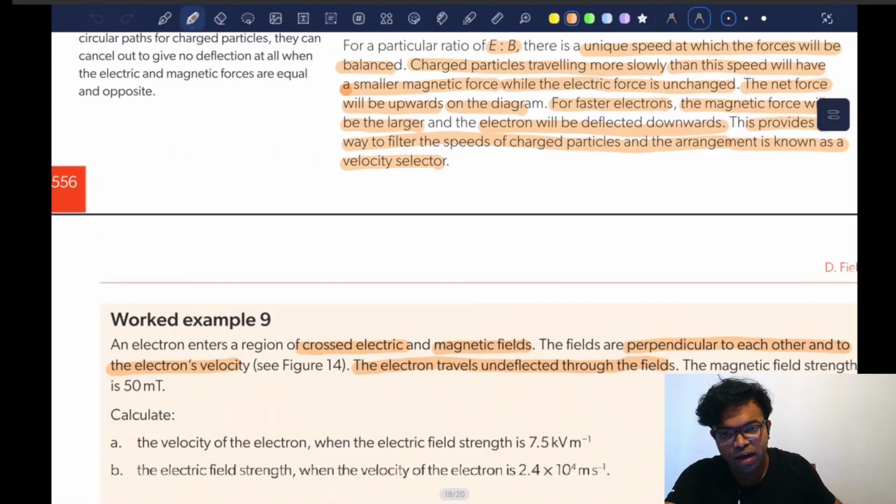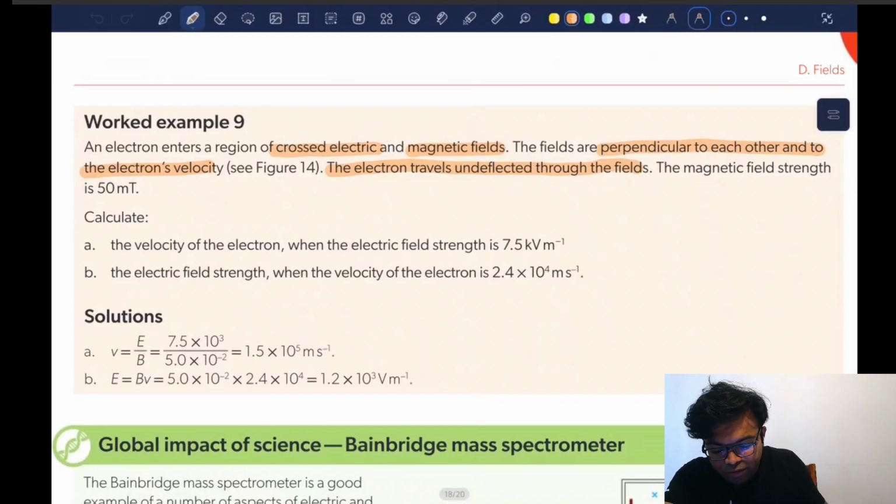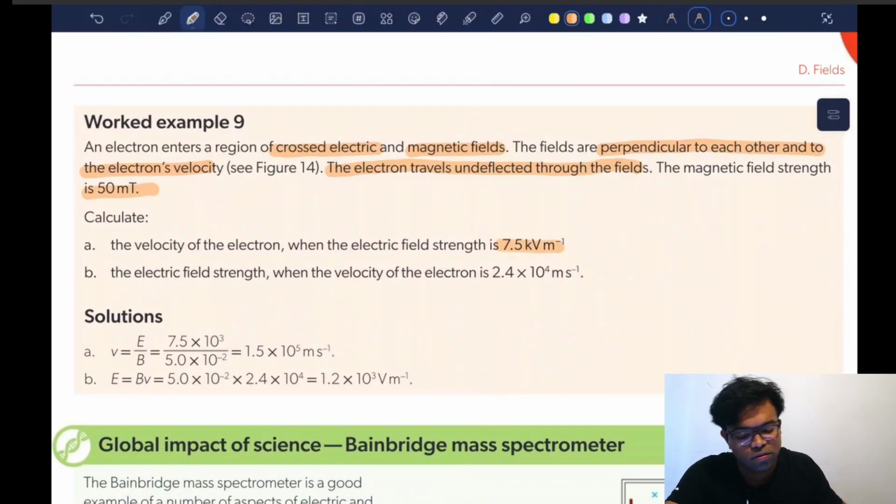Now what do we have to do here? The magnetic field strength is 50 millitesla. Calculate the velocity of the electron when the electric field strength is 7.5 kilovolts per meter. It's very easy. We know that velocity is equal to electric field upon magnetic field.